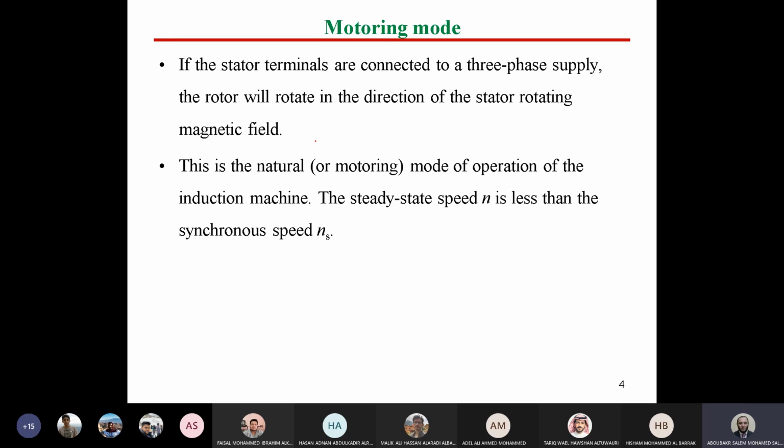This is the normal operation of the induction motor that we already know, which means if you have the rotor like that, and the stator flux is moving in this direction at speed ns, the rotor will move in that direction at speed nr. And this is the motor shaft. So this is now called the motoring mode. And in this mode, we agree together that n is lower than ns. This is what we understood in motoring mode.